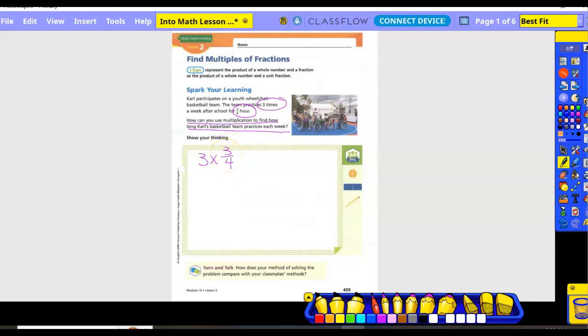Okay, so how many circles do I need? 3, right? Okay, now how many pieces does each of those circles get broken into? 3 or 4, right? How much does each of those circles get colored in? 3 pieces.